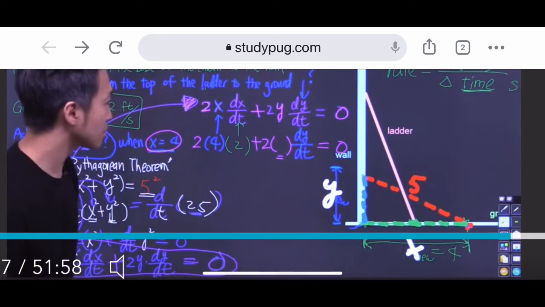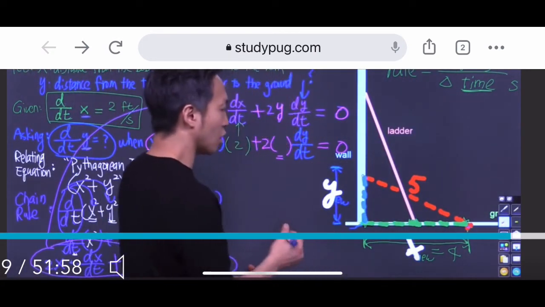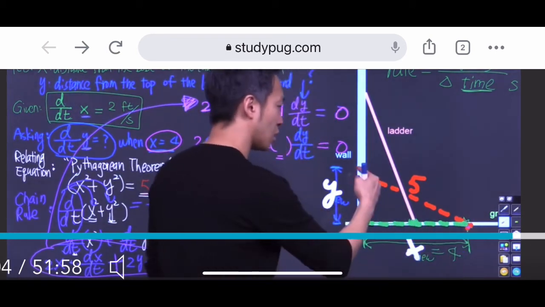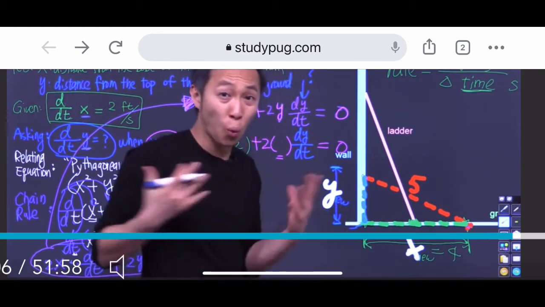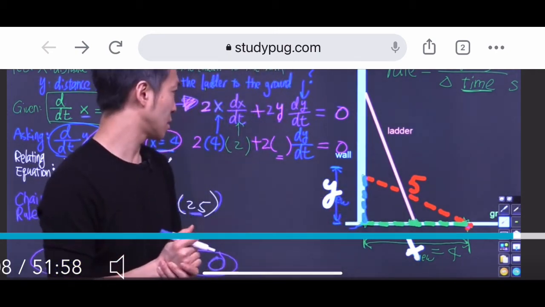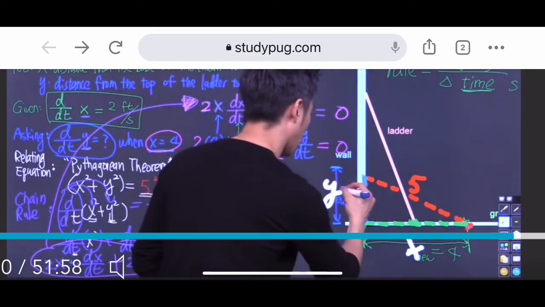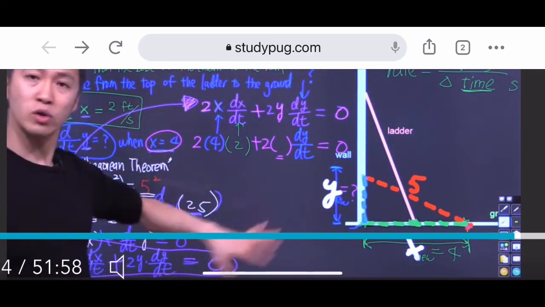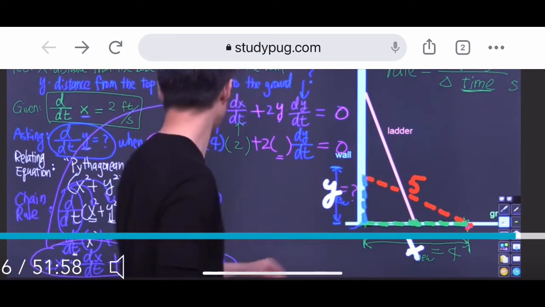The moment when x is equal to 4, y is equal to what? Well, why don't we write out the Pythagorean theorem again?